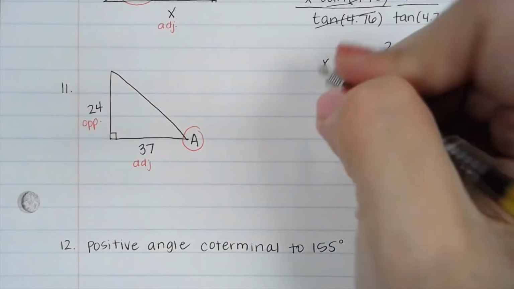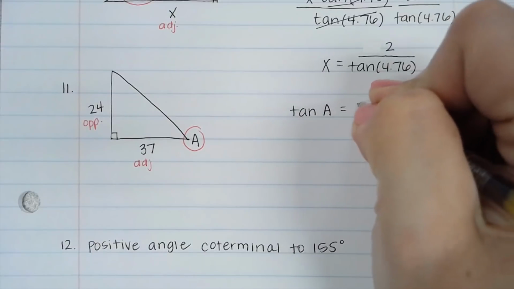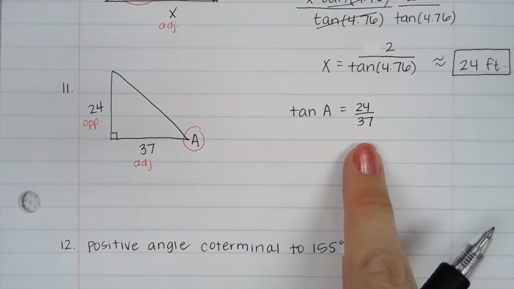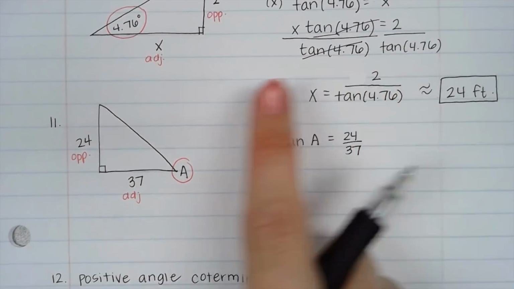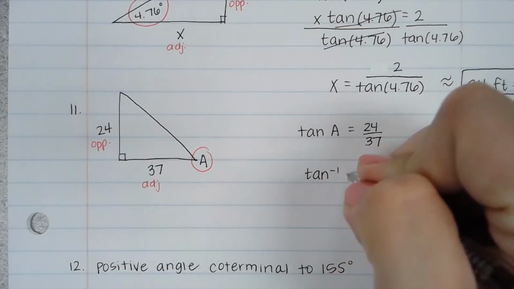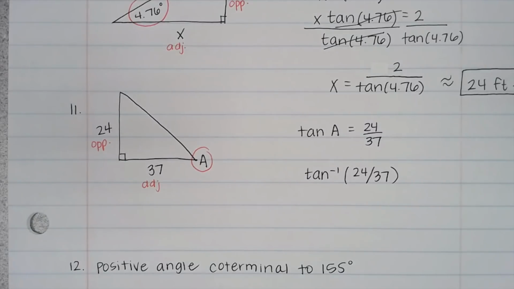So for this one, the tangent of angle A is equal to 24 over 37. So this is where this problem is a little bit different. In the last problem, you were solving for a side length, but in this problem, you're solving for an angle. So you're going to use tan inverse, and you're going to type this into your calculator so that you can determine how big the angle is.